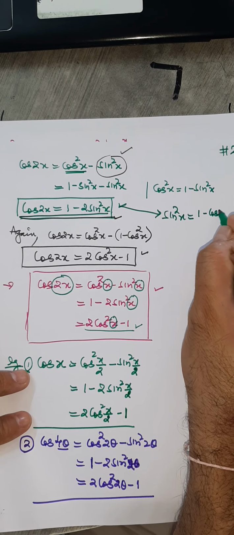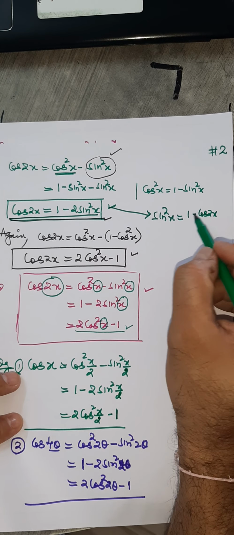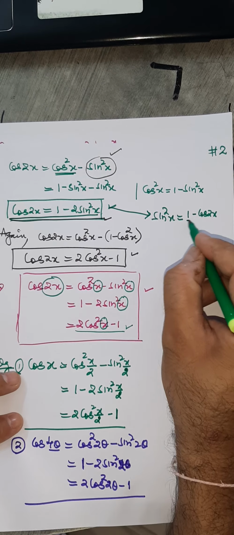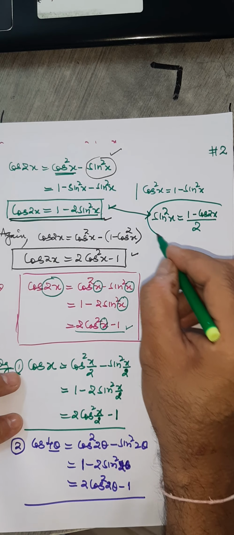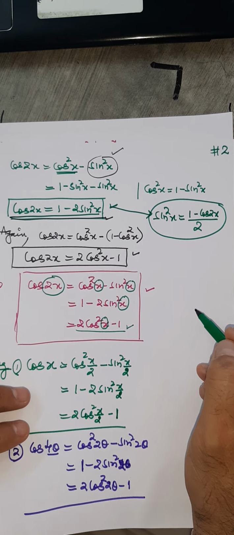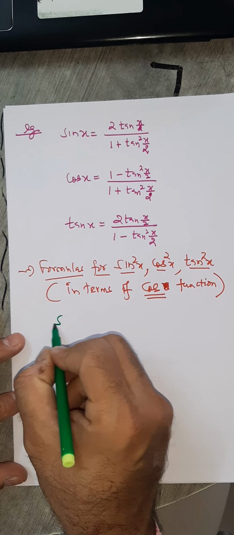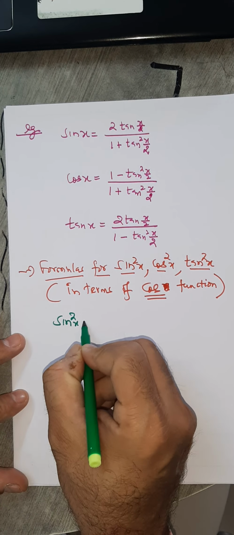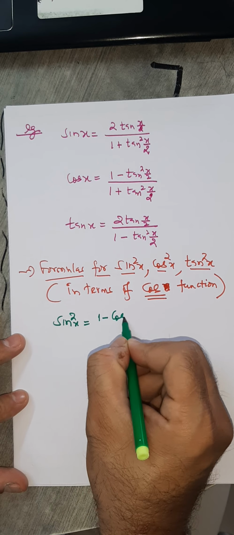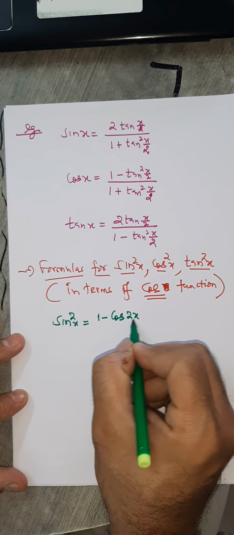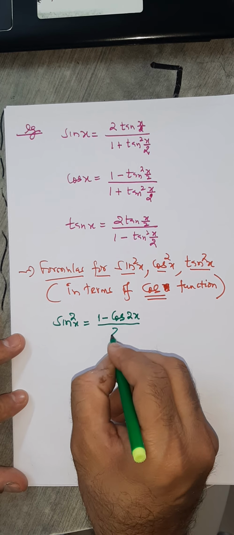So minus cos 2x and into 2 will be down, so by 2. This is the formula. So sine square x equals to 1 minus cosine 2x, you see angle is double, the whole by 2.